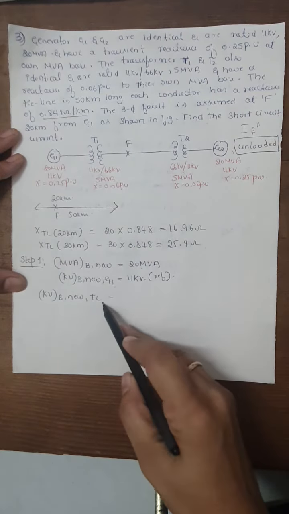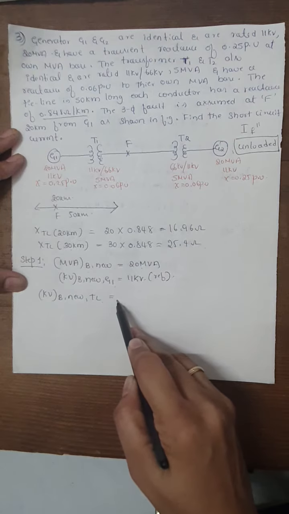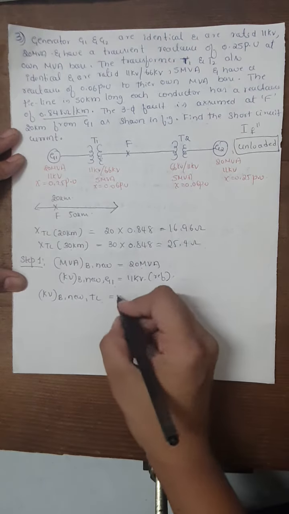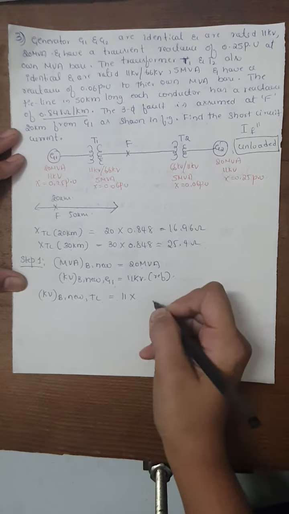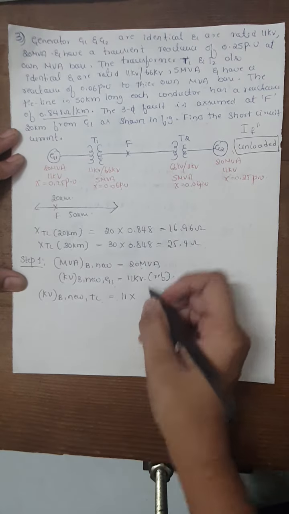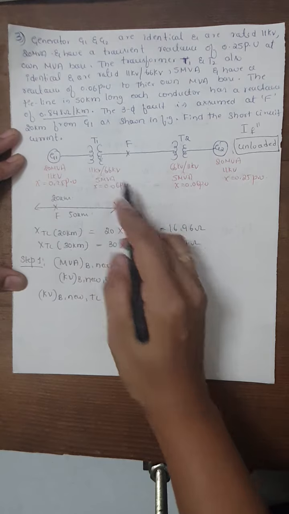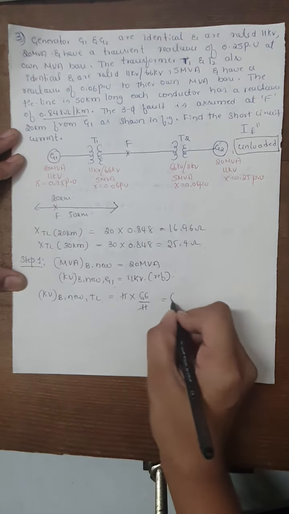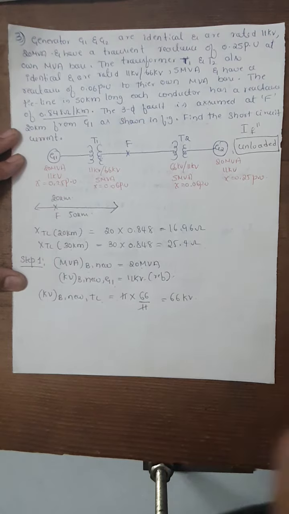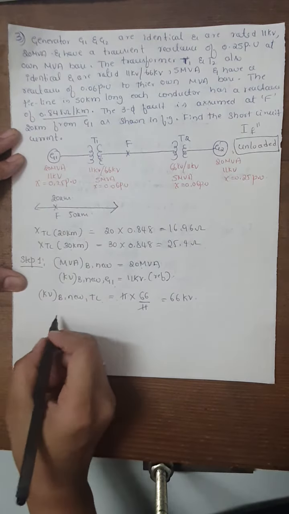Since the transmission line is on the HT section, use the HT section formula. Kilovolt base new on LT, that is generator 1, multiplied by high voltage by low voltage rating of the T1 transformer. High voltage is 66, low voltage is 11 kilovolt, so you get 66 kilovolt for the transmission line.